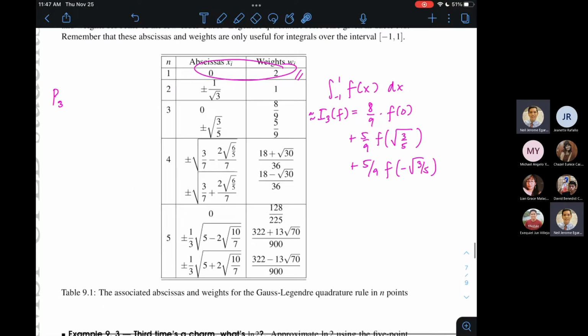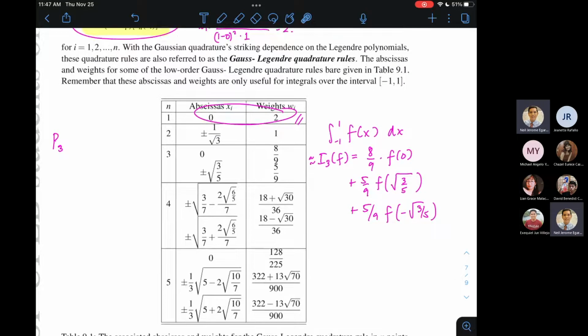Kaya more often, tinatawag yung Gaussian quadrature rules to be the Gauss-Legendre quadrature rules. So parehas lang siya. Okay. So from now, maybe I will refer to this more properly as the Gauss-Legendre quadrature rules instead of simply the Gaussian quadrature rules. Okay. So any questions, guys, before we go to a specific example?